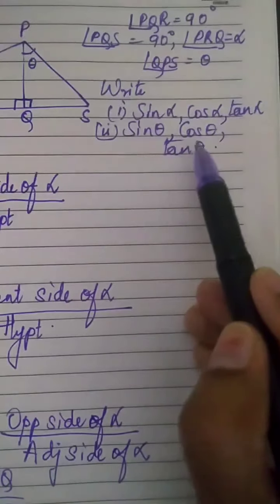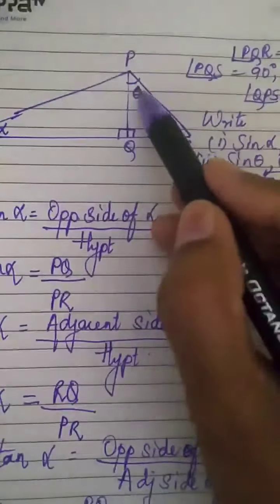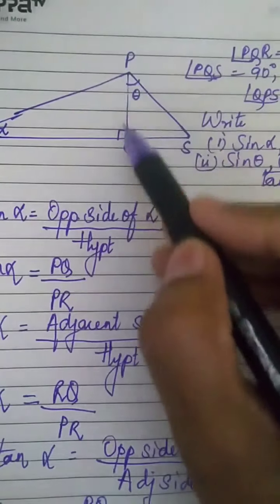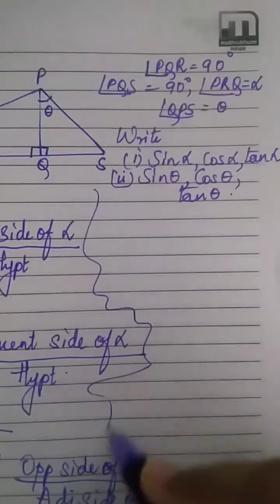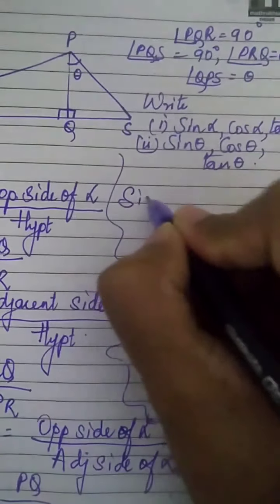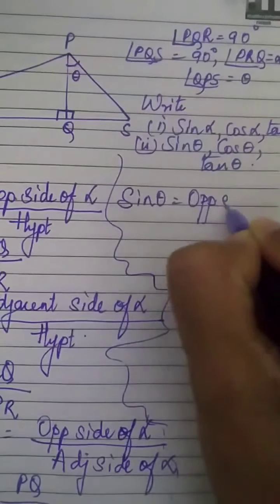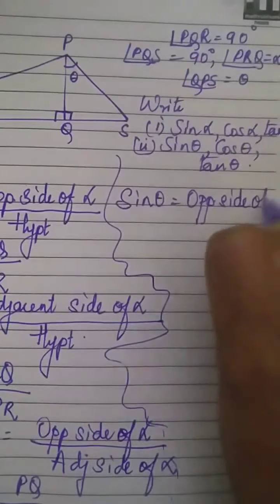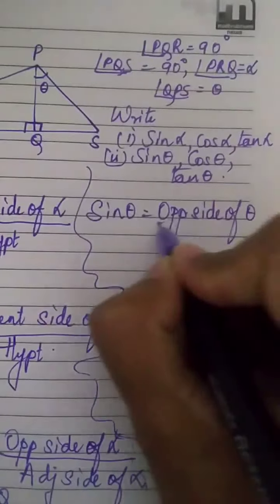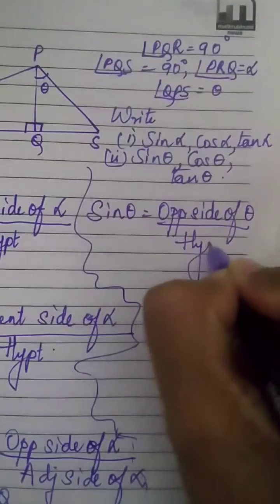Sin theta, cos theta, tan theta. Theta is here, so you will apply it for this triangle PQS. What will be sin theta? Now here only I'll solve. Sin theta is equal to opposite side of theta upon hypotenuse.